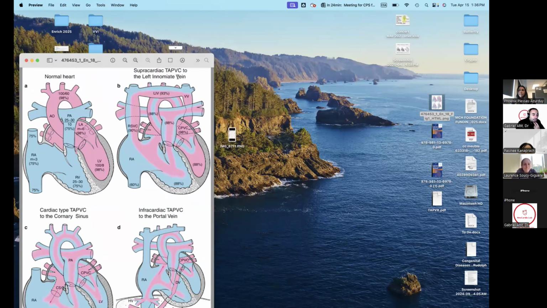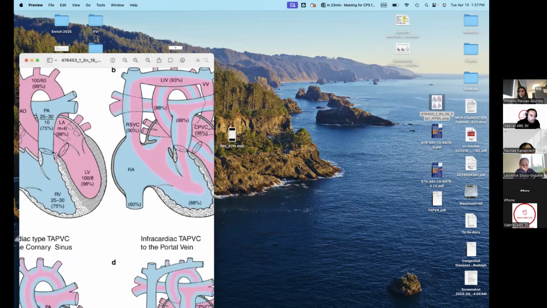The reason is that typically in these supracardiac TAPVR or TAPVC, blood flow comes back from the pulmonary veins very well saturated, typically will enter a vertical vein into the innominate vein, and generally will drain into a right SVC. Because the SVC faces the tricuspid valve, this is the blood that's been very well saturated.